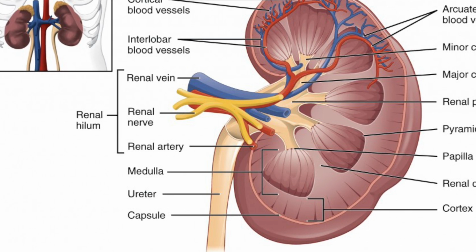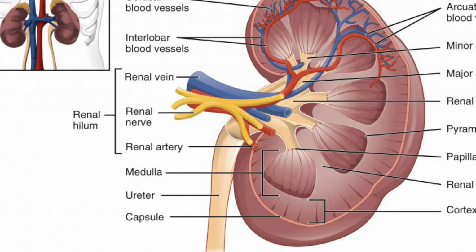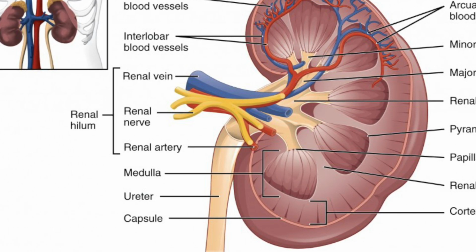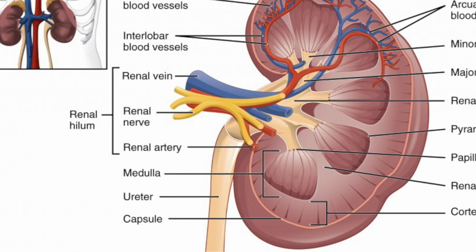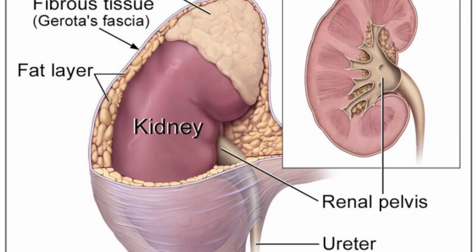Therefore, the superior poles are more medial and more posterior than the inferior poles. Also, because the hilar region is rotated anteriorly on the psoas muscle, the lateral borders of both kidneys are posteriorly positioned. This means the kidneys are angled 30 degrees to 15 degrees behind the coronal plane, or the frontal plane.